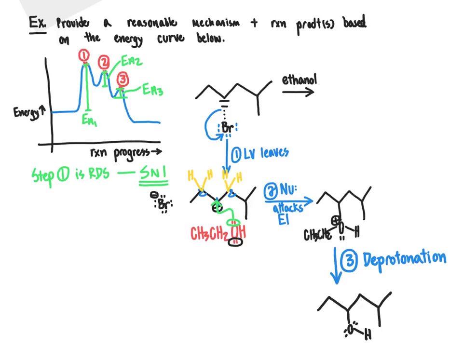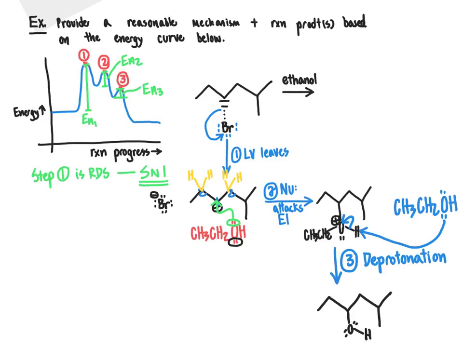So I'll show that deprotonation taking place explicitly up here. Typically it's the nucleophile that can play double duty, also acting as a base here. So it acts as a base because it's grabbing a proton from our organic molecule, the so-called acid. That forces the oxygen-hydrogen bond to break.